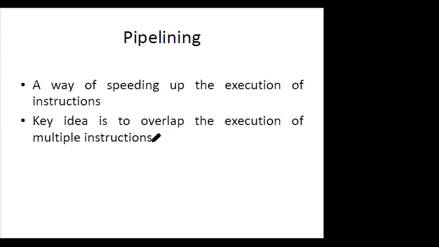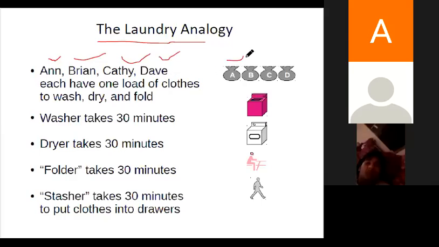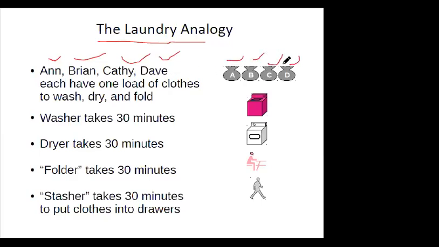The basic concept of pipelining can be understood from an example taken from daily life. Let me take the laundry analogy. Suppose we have 4 people who want to wash a load of clothes: A for Anne, B for Brian, C for Kathy, and D for Dave.